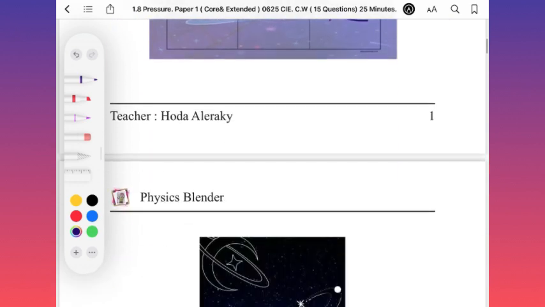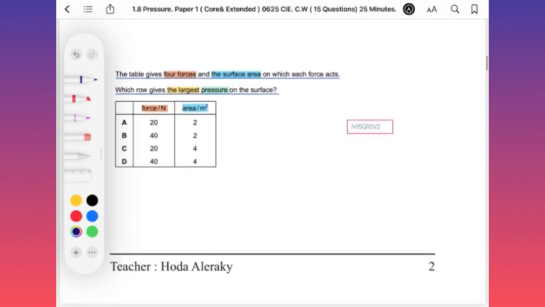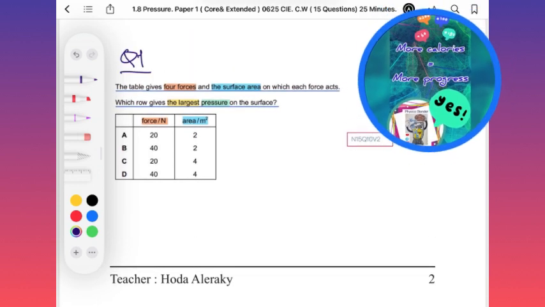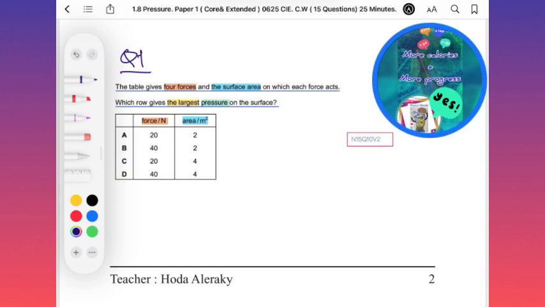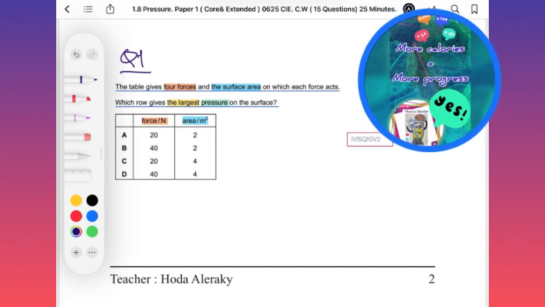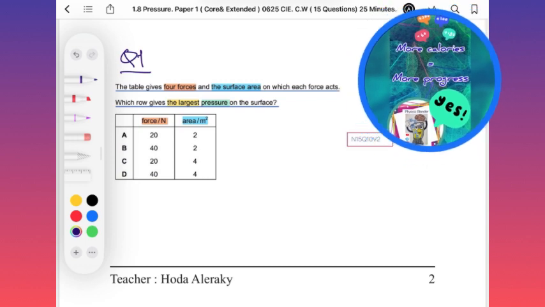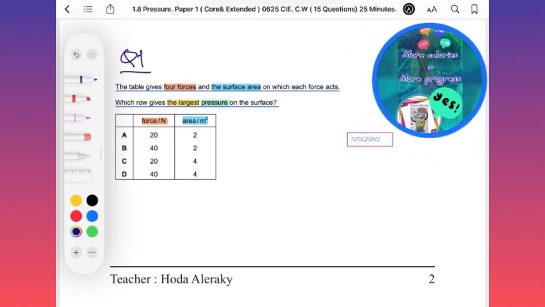Okay, let's start with question number 1. We have a table that gives you 4 forces and the surface area on which each force acts.